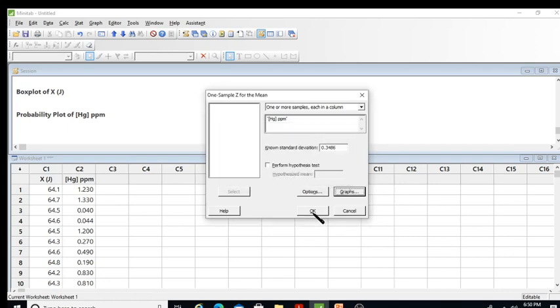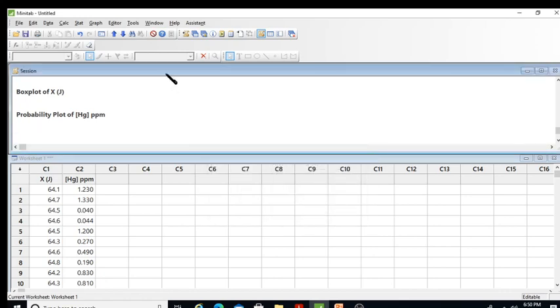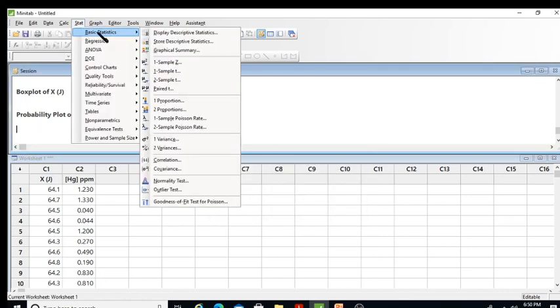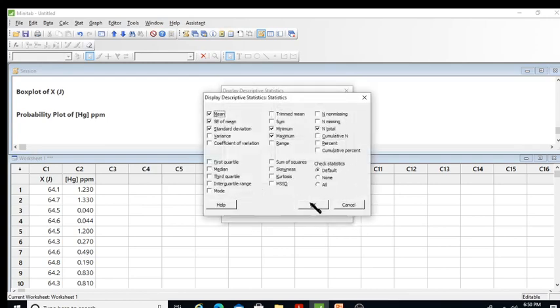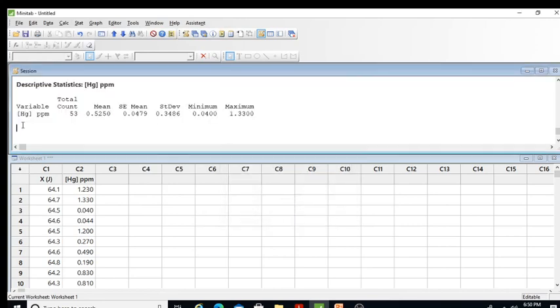So I can see this 0.3486. Before going into that, we need to check its descriptive statistics for this data. So let's say these values I'm interested in knowing. I can see the sample size is 53, the mean is 0.52, and the standard deviation is 0.3486.